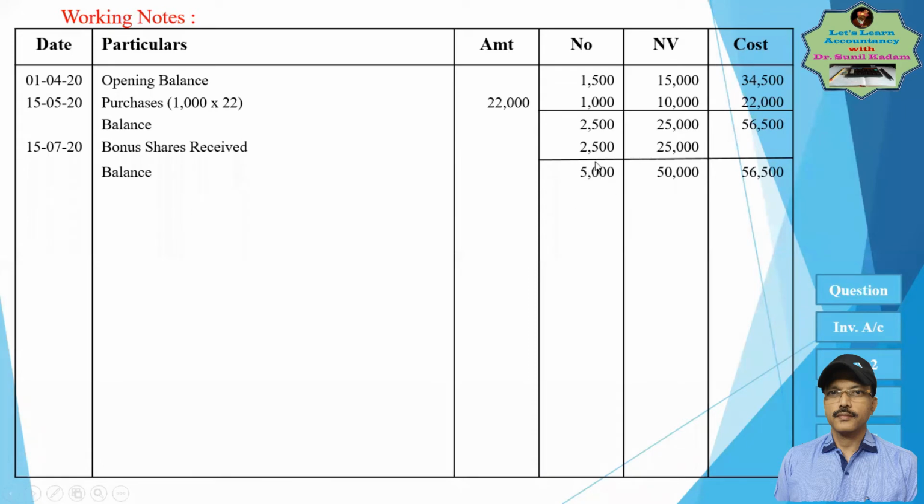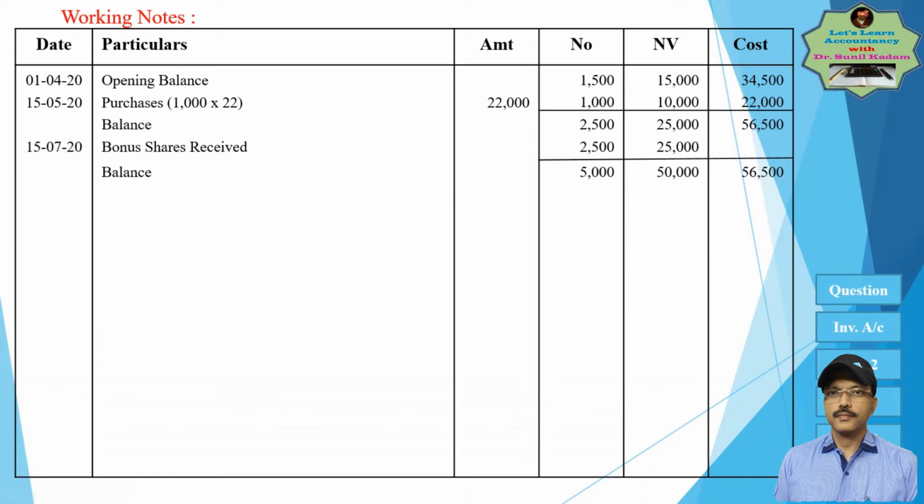But as far as Mr. Ashok is concerned, his account shows that he is holding 5,000 equity shares. So one can say that 5,000 into 3 per share should be 15,000, the amount of dividend received by Mr. Ashok. If so, it is an incorrect calculation.